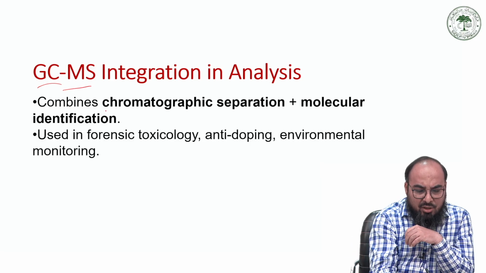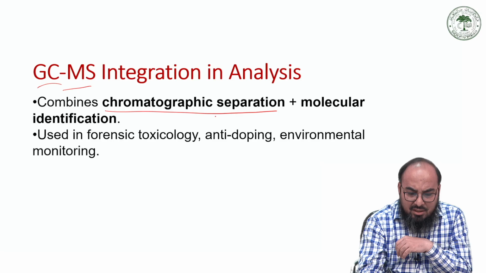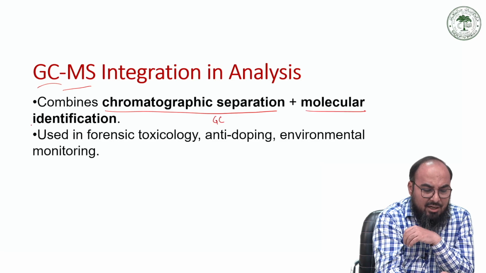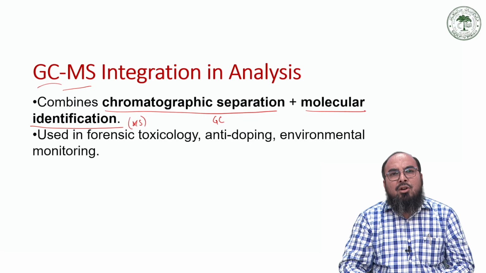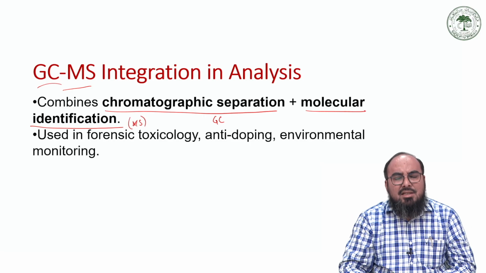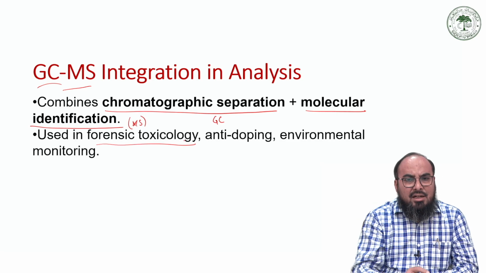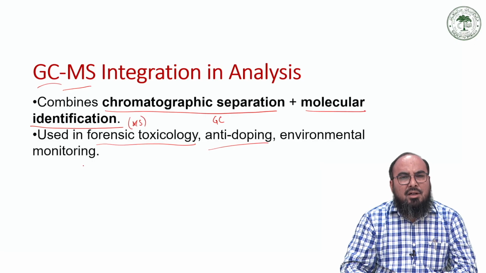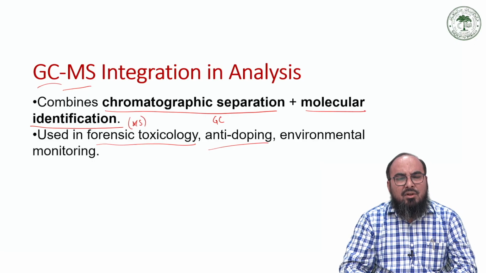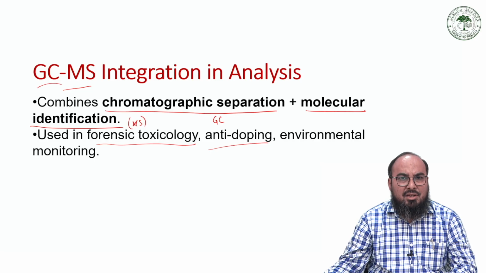So chromatographic separation from GC combined with molecular identification from MS gives you complete information about your unknown analyte. This GCMS hyphenated technique is used in forensic toxicology, anti-doping, environmental monitoring, and also in certain cases of deaths, where a dead body has to undergo post-mortem. So GCMS also comes into play to check poisoning.